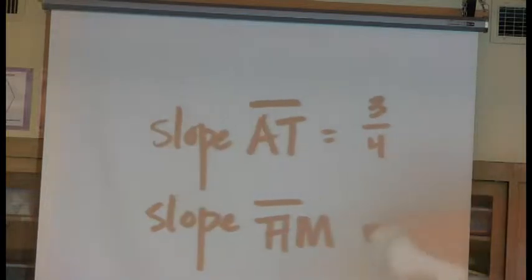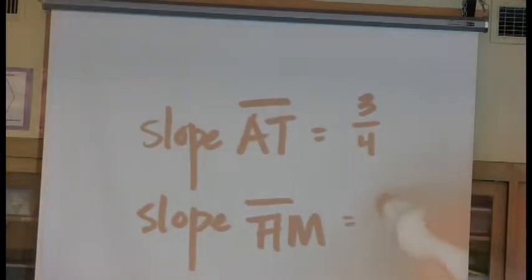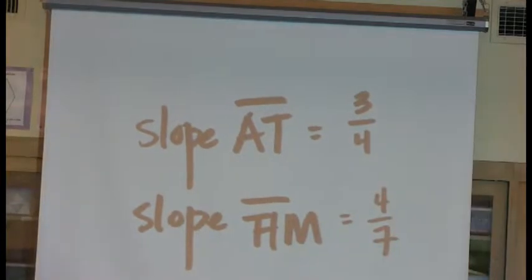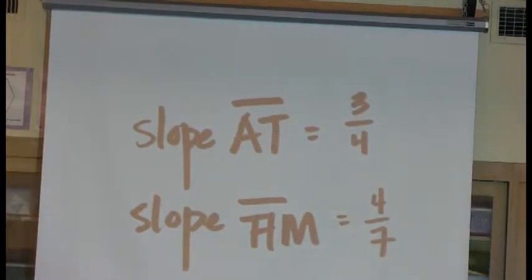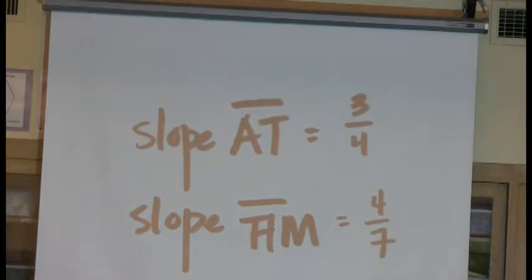So what's the slope of HM? 4/7. What? Somebody can't count. Who can't count? My 7s or my 8s? Is it 4/7 or is it 4/8?